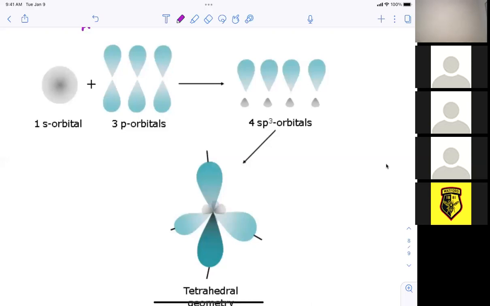So hybridization helps explain why CH4 has that shape and why it has equal bond lengths, because you're using a hybrid of those orbitals called sp3 orbitals. They're called sp3 orbitals because they're made of 1 s orbital and 3 p orbitals.